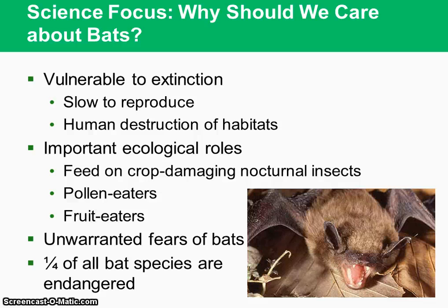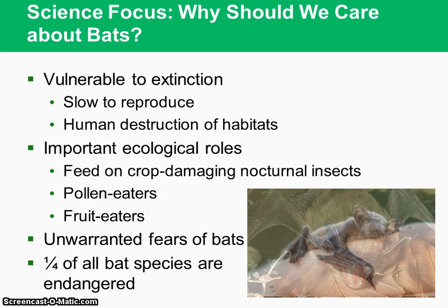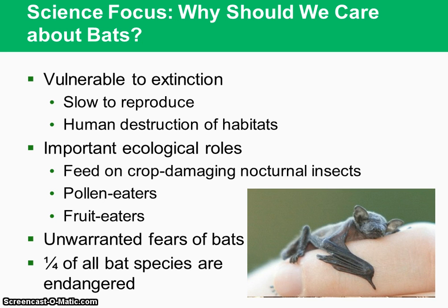But people have an unwarranted fear of bats, thinking that they are going to be disease-ridden and that they do more harm than good. And in reality, most bats are doing way more good than harm. But a quarter of all bat species are endangered. Here's a picture. Doesn't look like such a cute bat, but voila! Isn't that baby bat just the cutest thing?